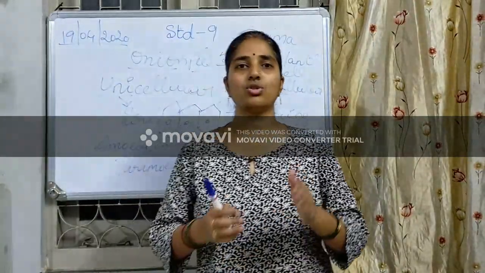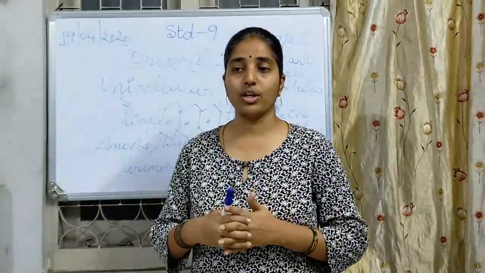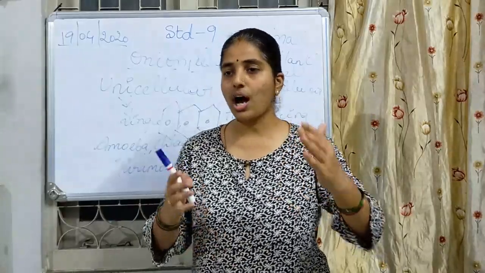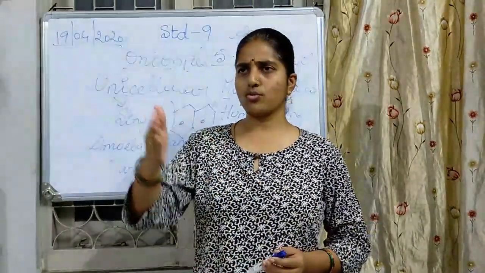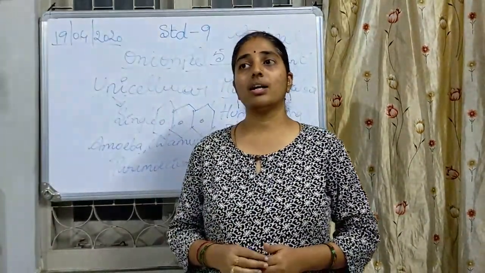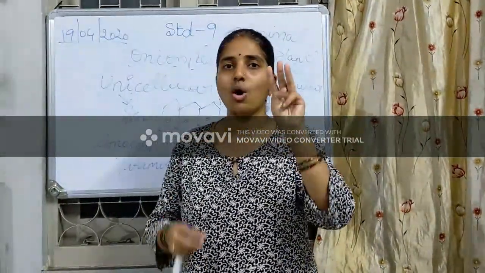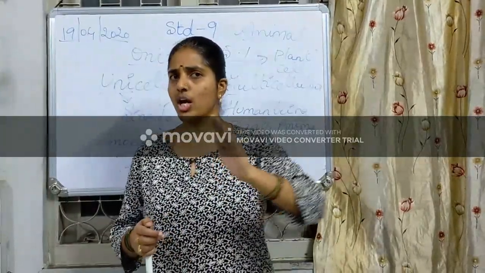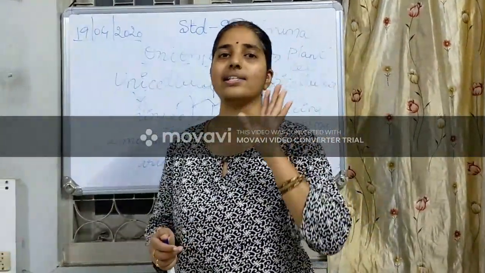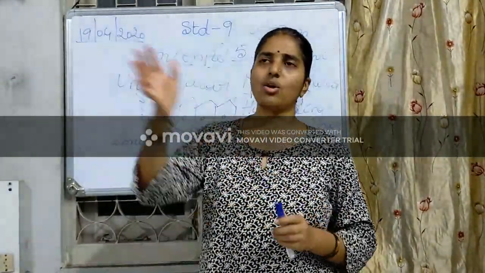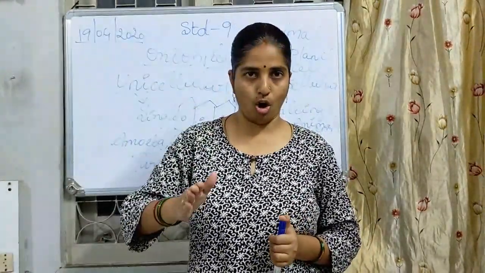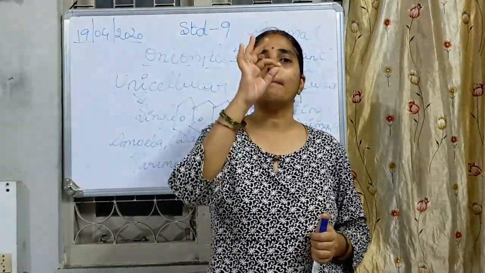A cell consists of different types of organelles. Different types of organelles are present, but majorly we are going to learn about 3 organelles. Without these, we cannot call it a cell. Other organelles may or may not be present, but these 3 are mandatory.